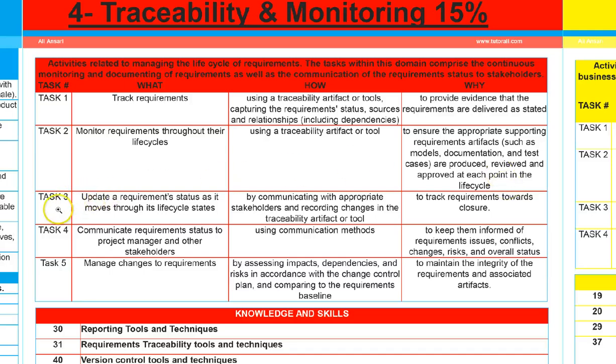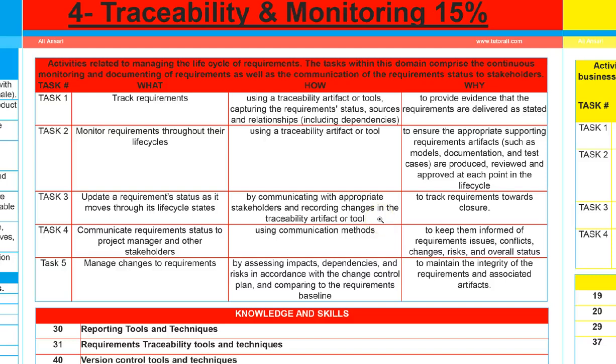The third task we have here is updating the requirement status as it moves through the life cycle. So someone needs to update these requirements. We make sure that these are updated as it moves through the life cycle, which is the start of the requirement, development of the requirement, and finalization of the requirement, by communicating with appropriate stakeholders and recording changes in the traceability artifact or tools.